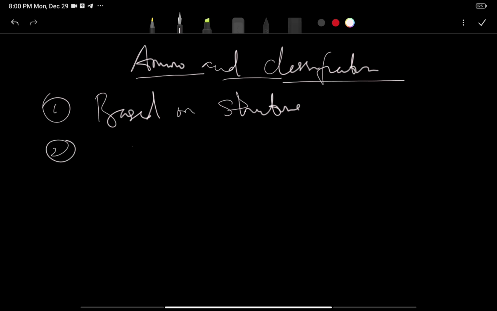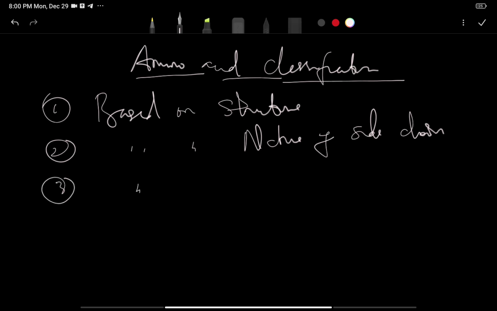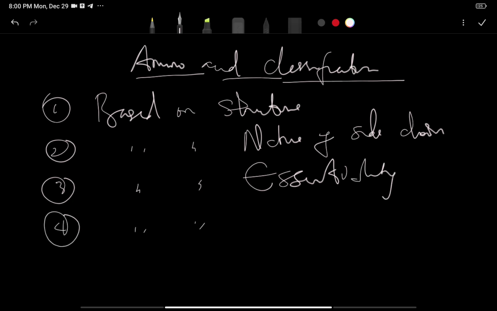Number 2, based on nature of the side chain. Number 3, based on essentiality. Number 4, based on metabolic fate. So this time around we focus on based on essentiality and based on metabolic fate.